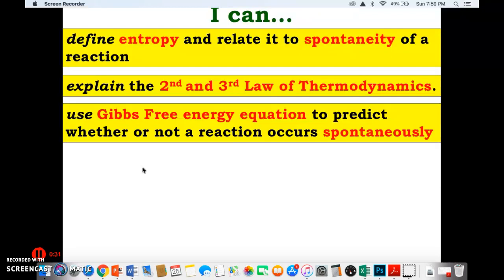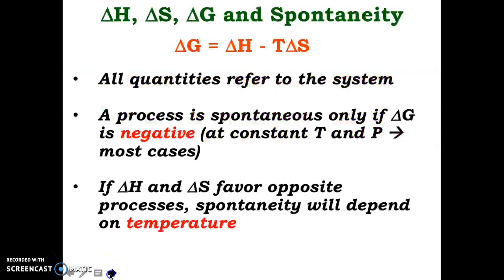We'll take off from where we left off, which is discussing this equation. This is the equation that your worksheet 16.4 is focused on: how we calculate delta G and how delta H and delta S control that.